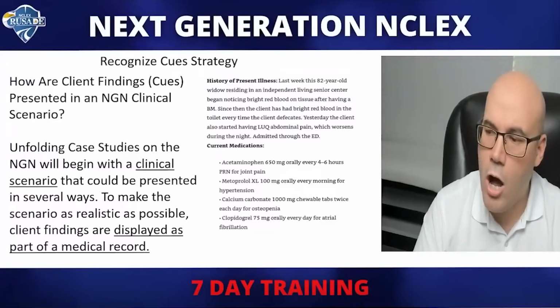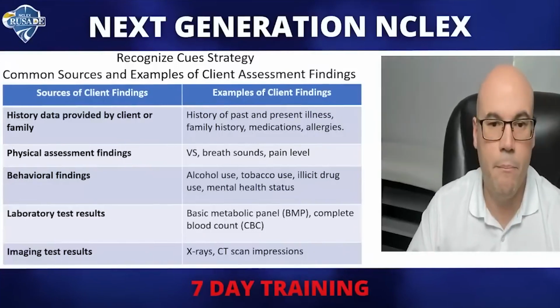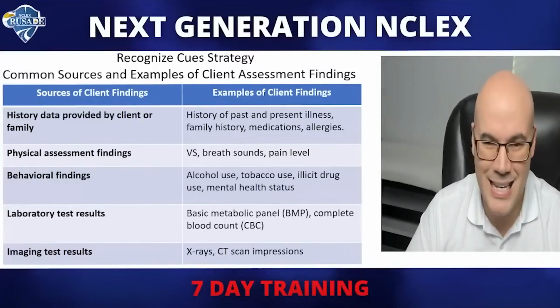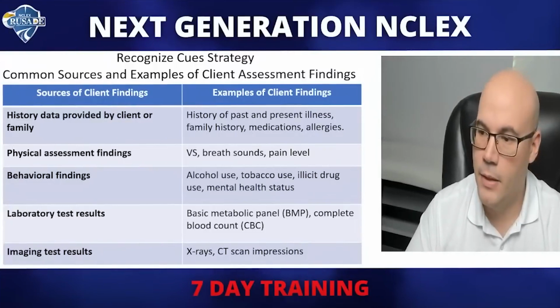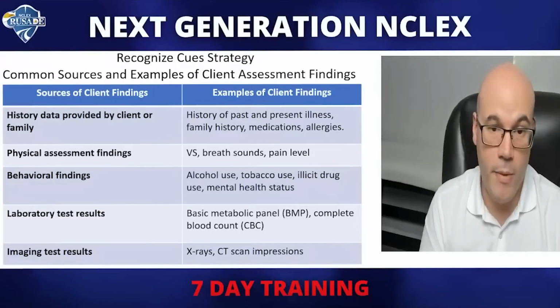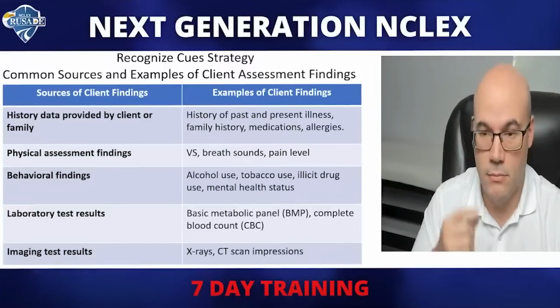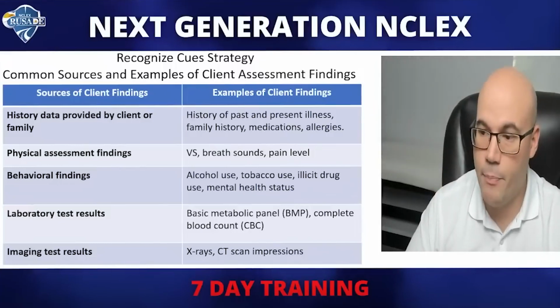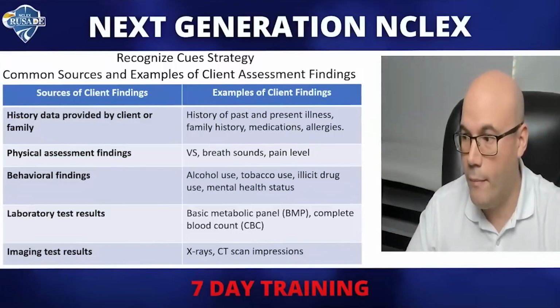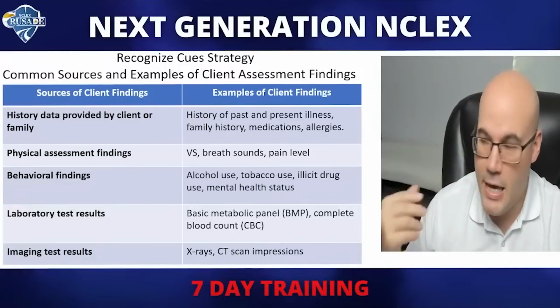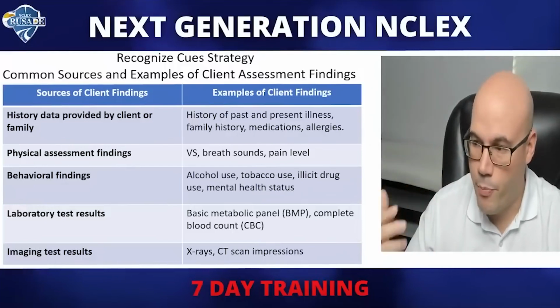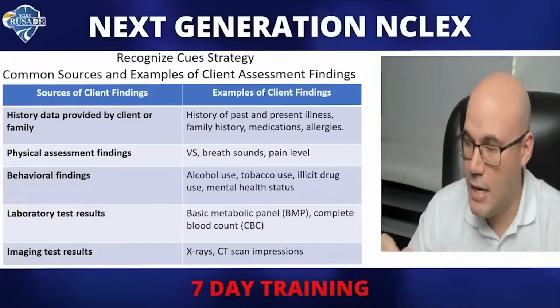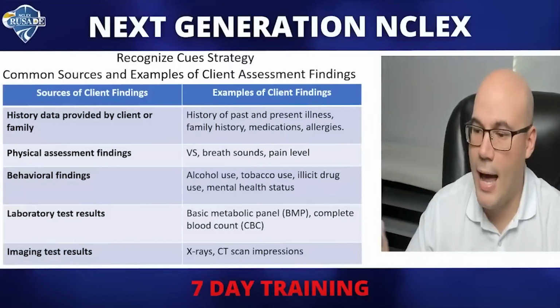But what are common sources and examples of client assessment findings? Well, you're going to see information that you have to analyze. One, in the history data provided by the client or the family member, such as history of past and present illness, family history, medications, and allergies.